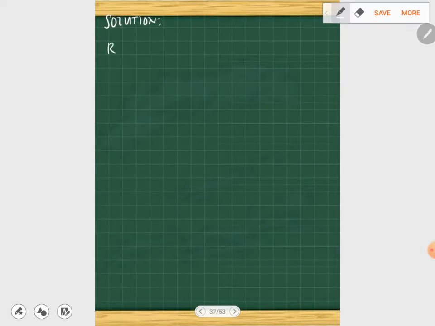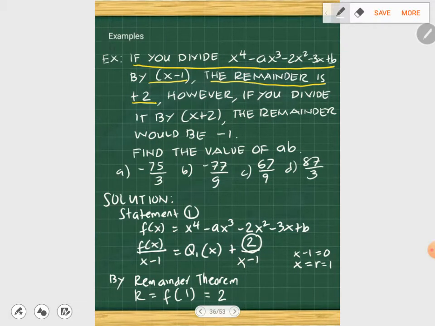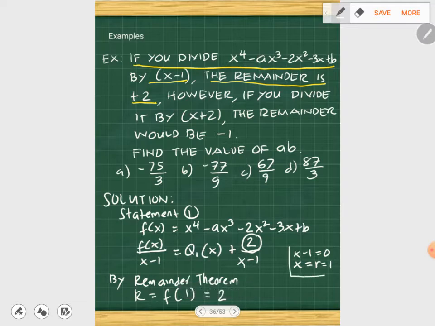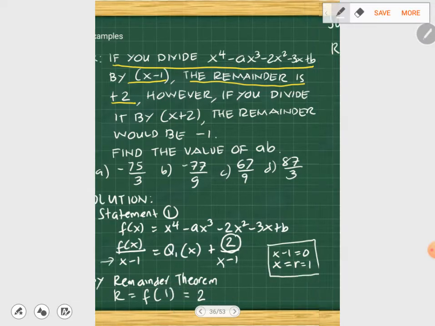Copy ko lang yan. Yung remainder is function of 1, which is equals to 2. So, i-substitute natin yan sa equation na x to the power of 4 minus ax cubed, di ba? Then, i-substitute natin yung value na to sa equation kasi ito yung divisor niya, no?